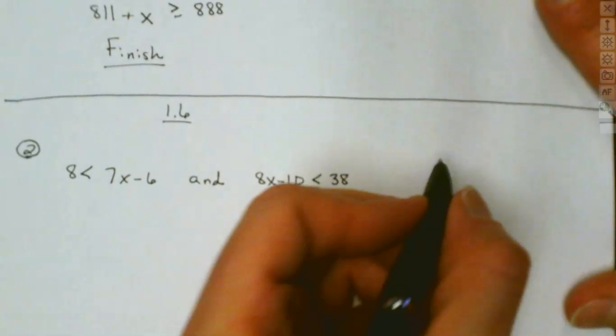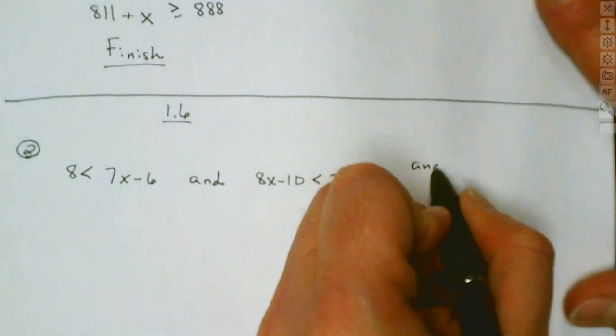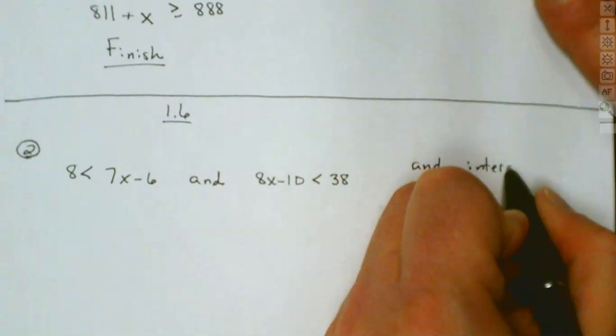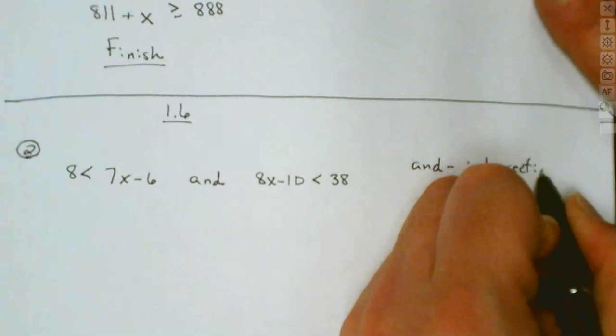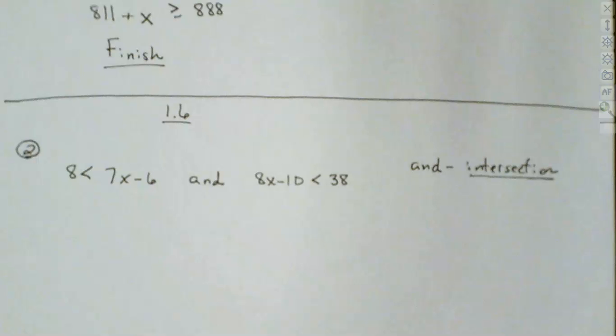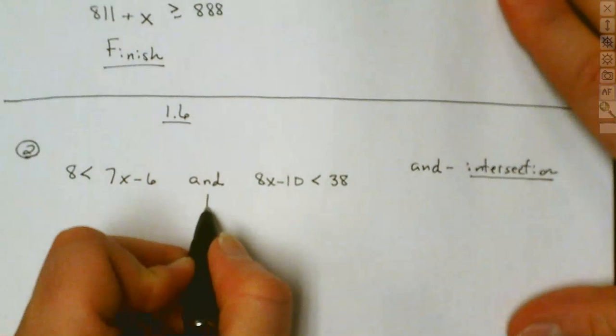What does an and mean? If we remember, and means intersection. So we're going to be looking at where these overlap when we graph them. We're going to solve these independently.